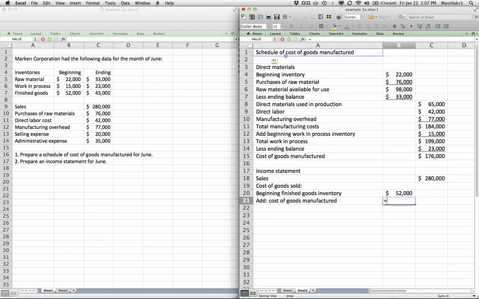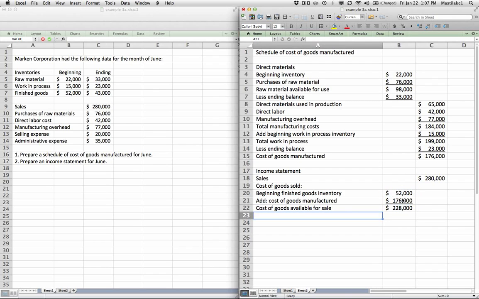That's the goods that we created during the period that are available to be sold. And that gives us the cost of goods available for sale. 52 and 176. That gives us 228 of goods that are available to be sold.